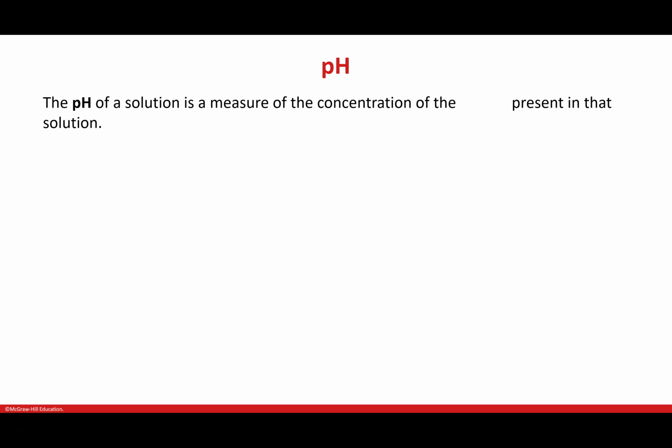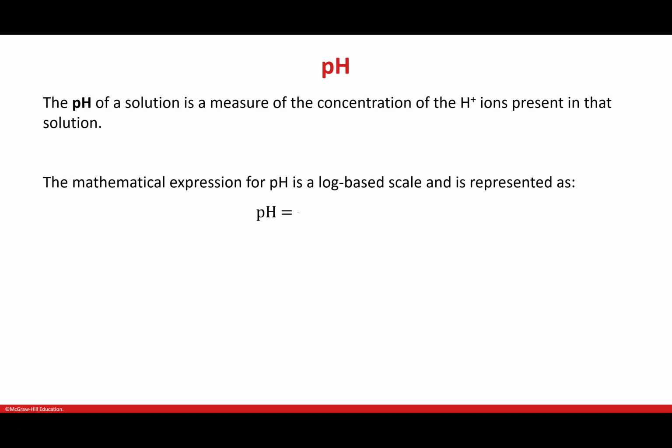So pH says how acidic or how basic your solution is. You guys used a pH meter. Like I said in lab, your meter has that sensitive little probe, and that probe is detecting your H plus ion concentration. It's pretty cool.